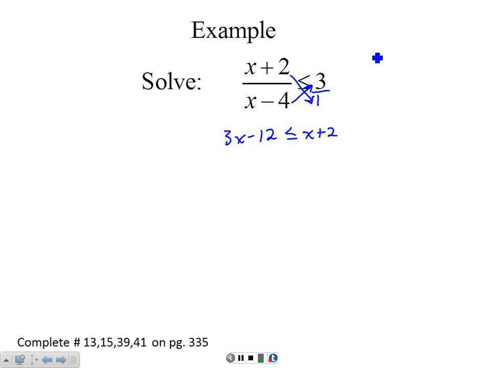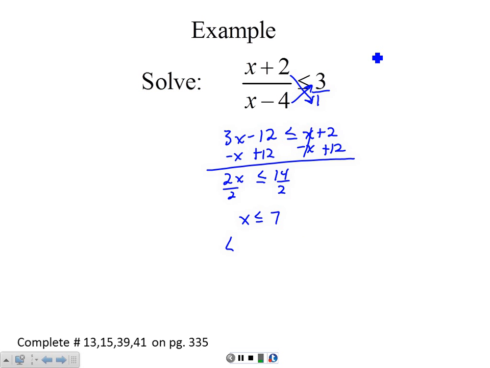And I don't even have a quadratic here, which is kind of funny, so this takes us back to chapter 2. So we'll have minus x from both sides. And so we'll have 2x, and if we add 12 to both sides, we'll have 2x is less than or equal to 14, divide by 2, x less than or equal to 7, and so that is your solution.